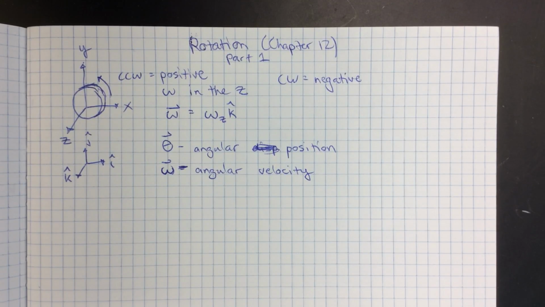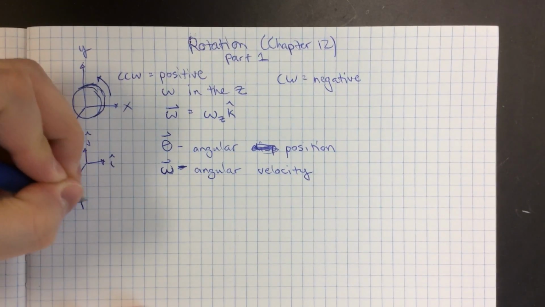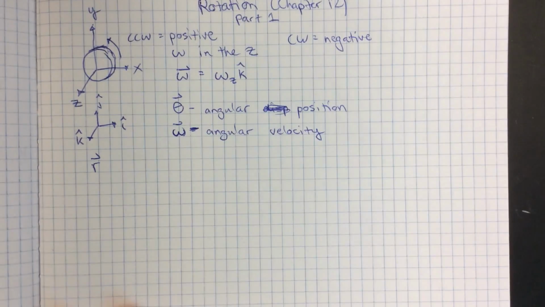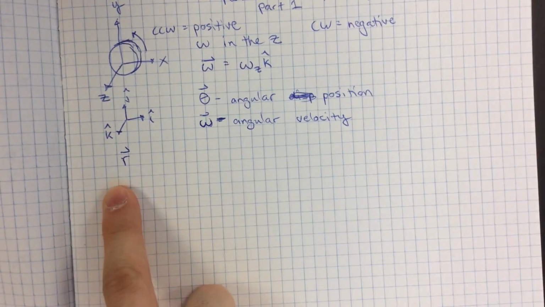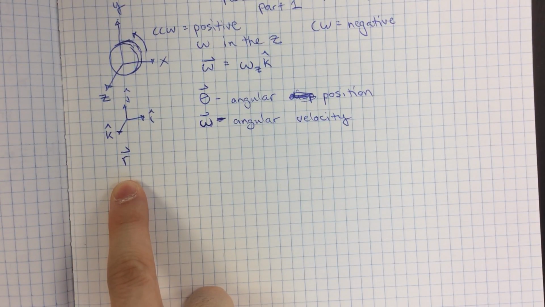Think of a position vector in terms of just normal position vector, like r, right? How is that a vector? Usually it's in reference to some sort of origin, right? Some reference frame. So like you have how much in the x direction relative to 0, how much in the y direction relative to 0, so on and so forth.